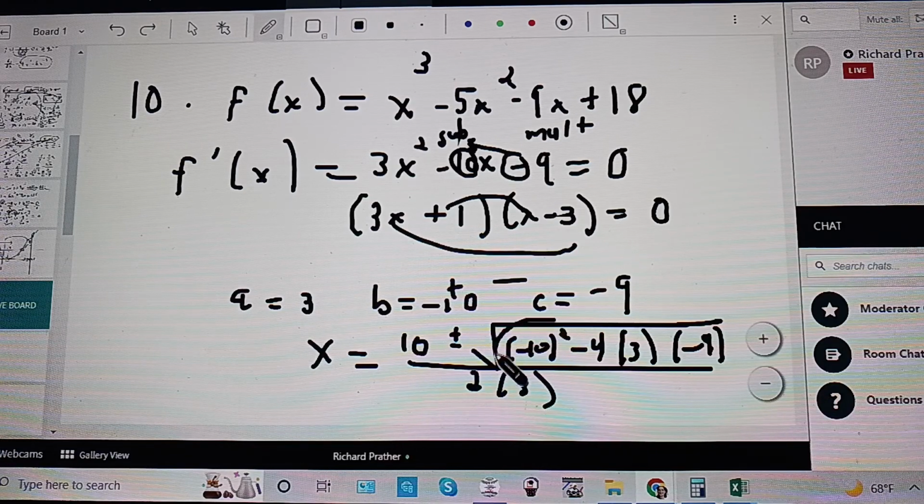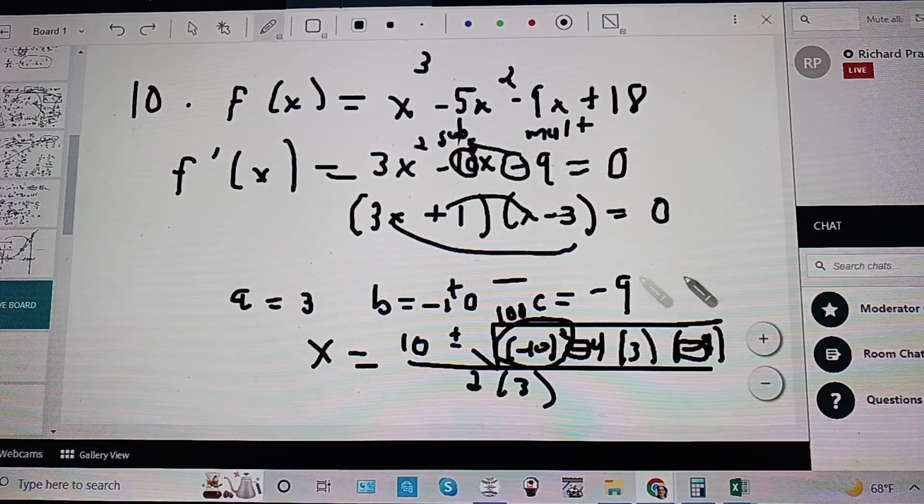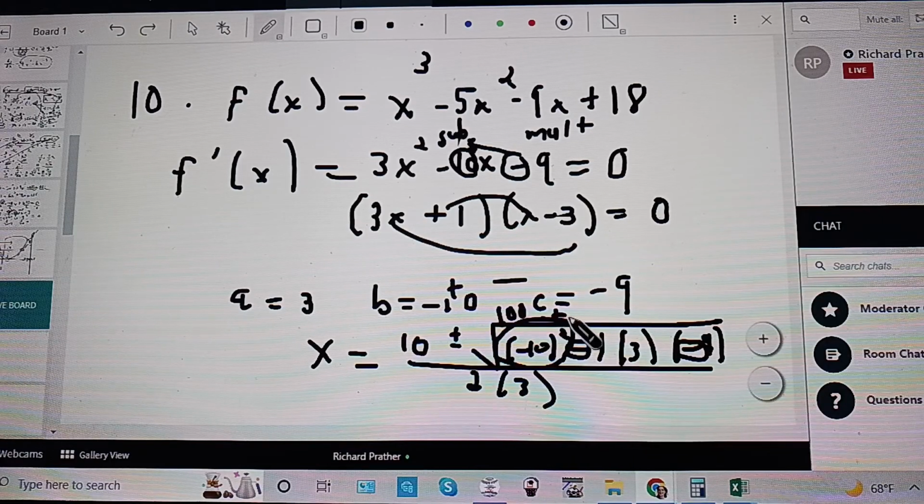So negative 10 squared is positive 100. And I always count the negatives here. There's always that negative because that's part of the formula. The 3 and the 9, they could be positive and or negative. The 9 is negative. So you always get either 1, 2, or 3 negatives in there, and I got 2. 2 negatives is a positive.